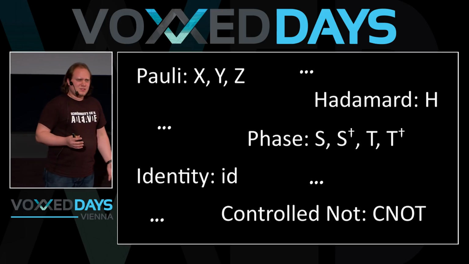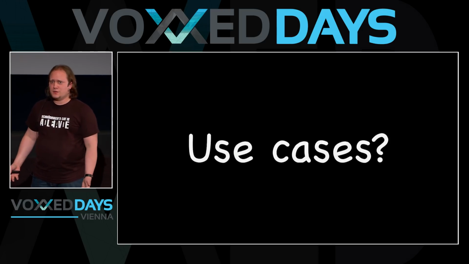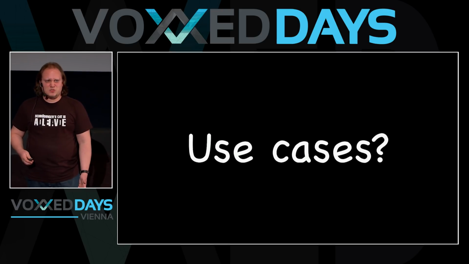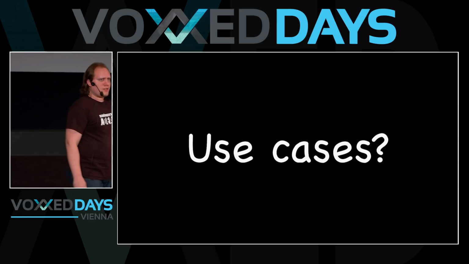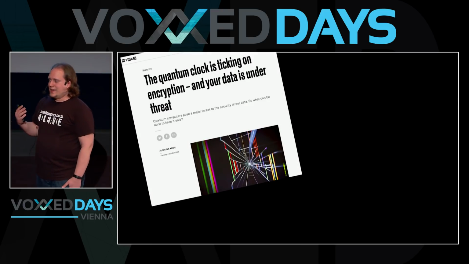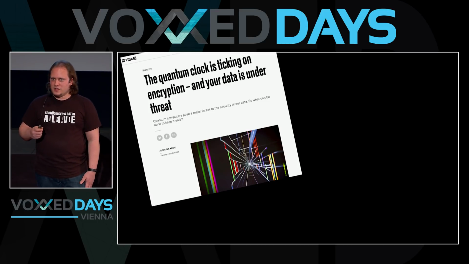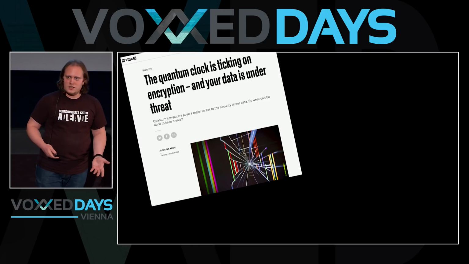But why do you want this kind of stuff in the first place? What are the use cases for that kind of logic, which seems rather abstract and weird? Well, there's quite a lot you can do with it, in theory at least. So one thing you probably heard about, if you've heard anything about quantum computing, is it can potentially break encryptions. But it can also be used in what most people would consider more constructive ways.